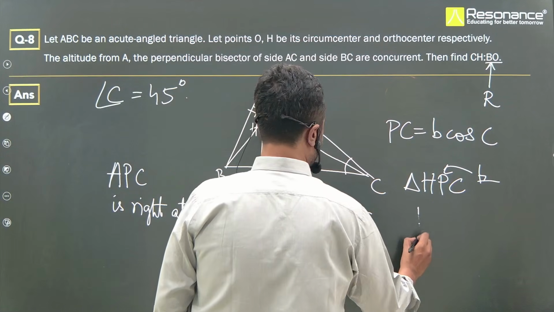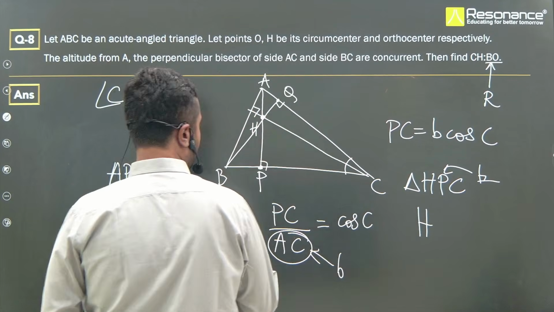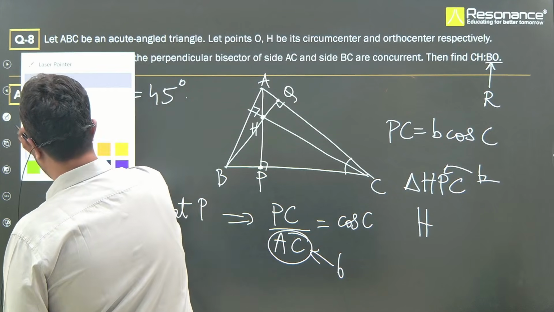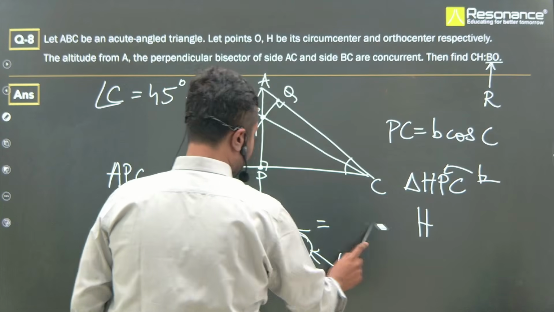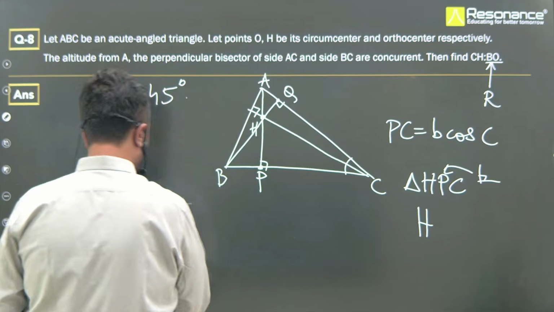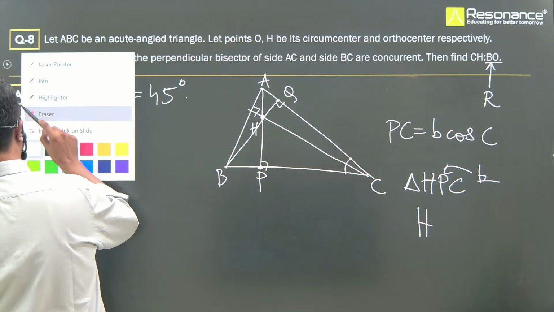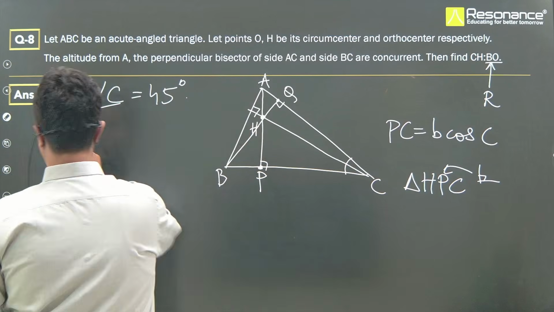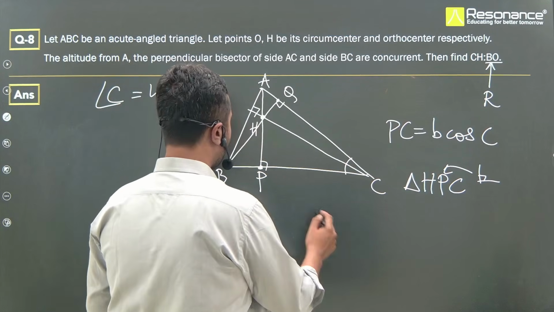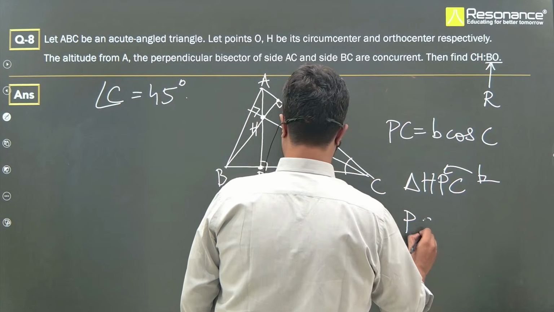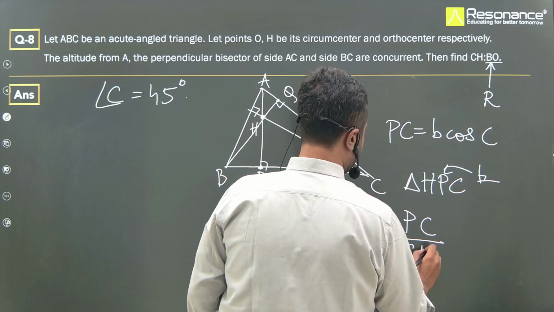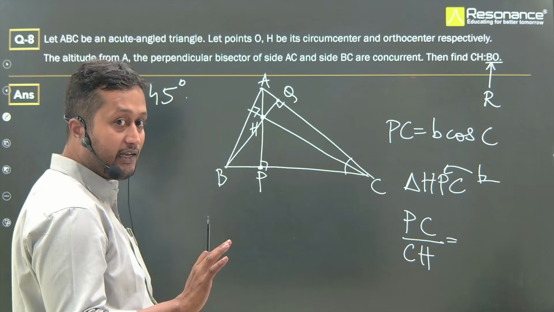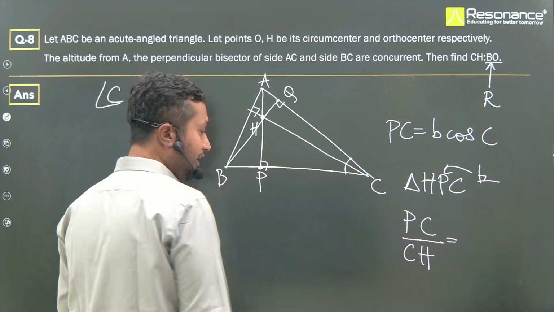So now let's do this. I guess I can remove these things now. Okay, so what do we have? PC divided by CH, which by the way is the quantity of interest, right? CH is something we really care about. So PC divided by CH.